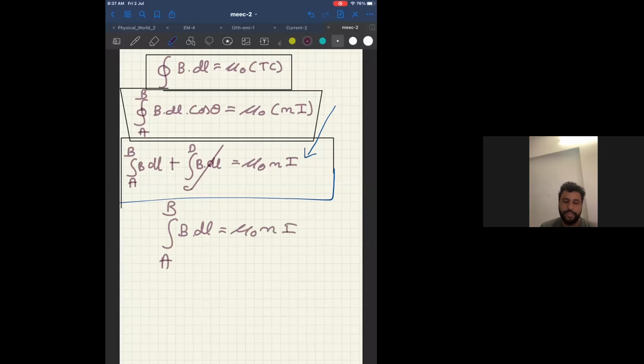If I ignore C to D. Therefore, write down: ignoring this term as it is outside the solenoid, we get this term.